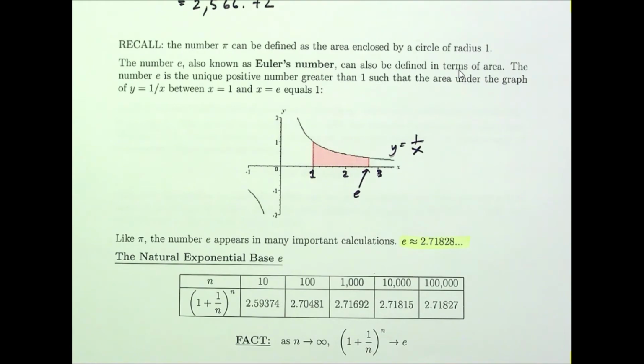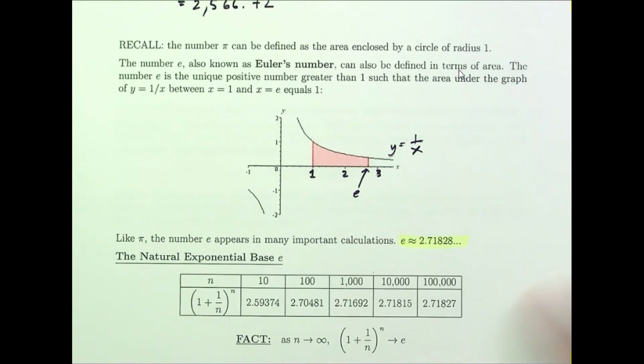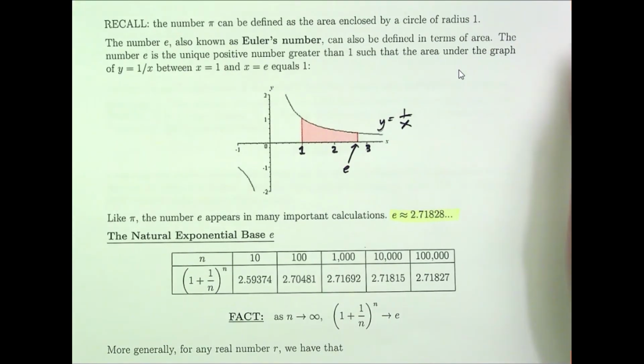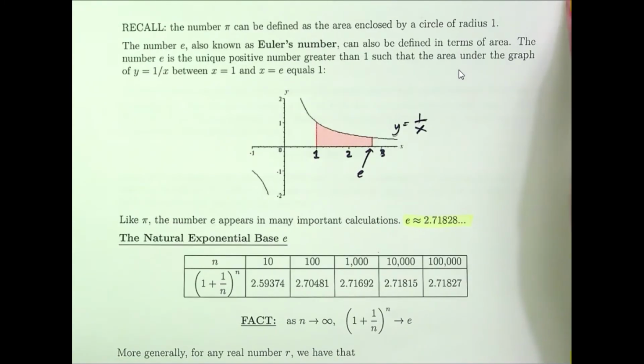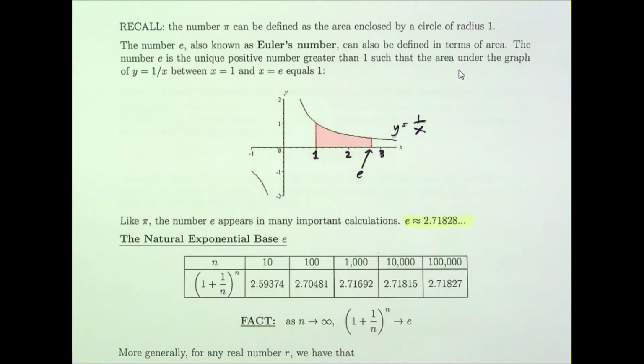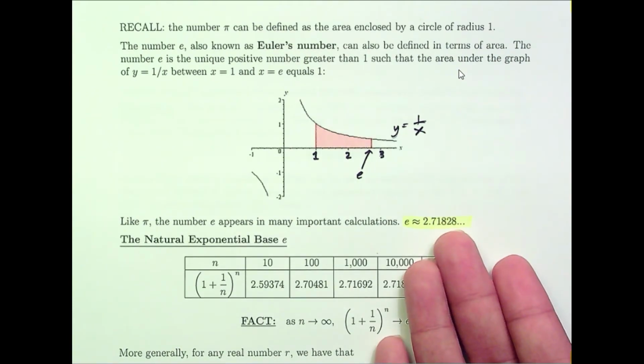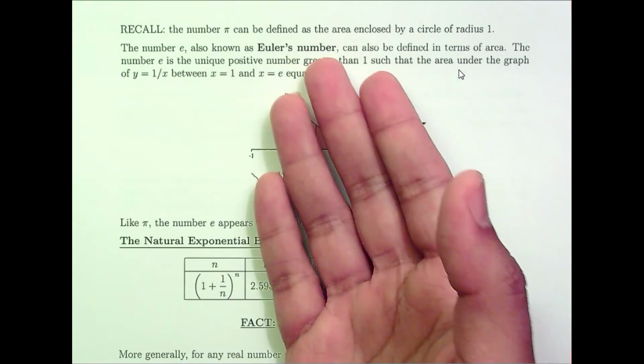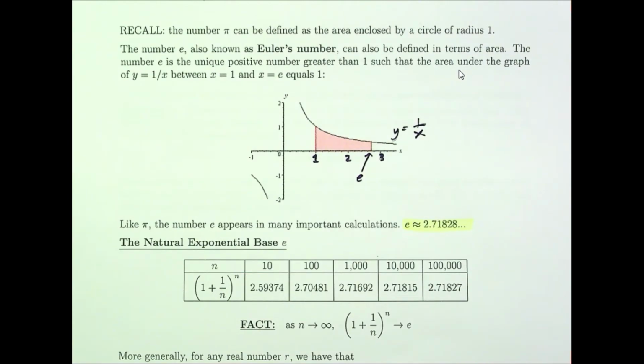It doesn't seem to be very useful, but that's one way of explaining what it is. And it is, again, an important number in math. It appears a lot in many different contexts. It is so important that we give it a special letter. The letter is e, and it is e because it was the mathematician Euler who introduced it.